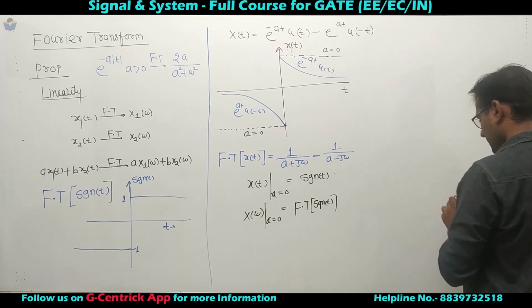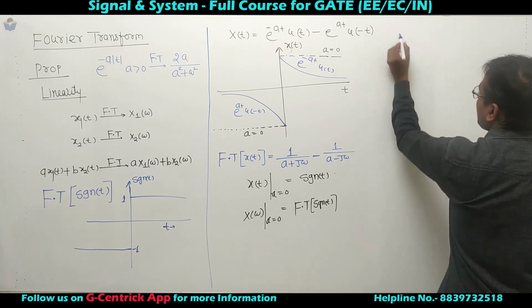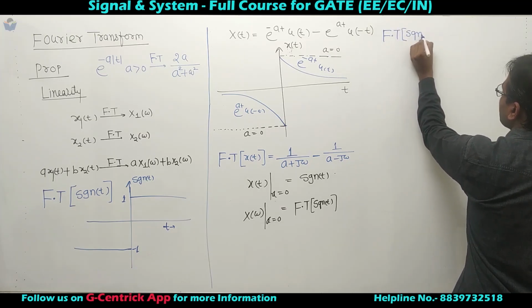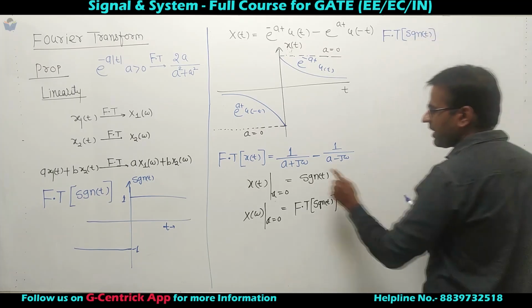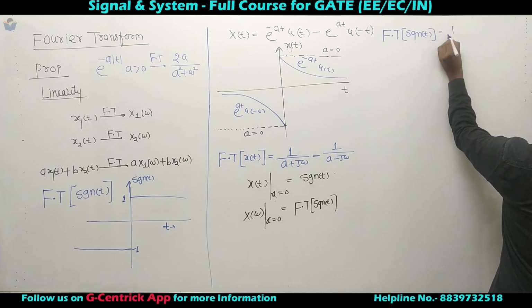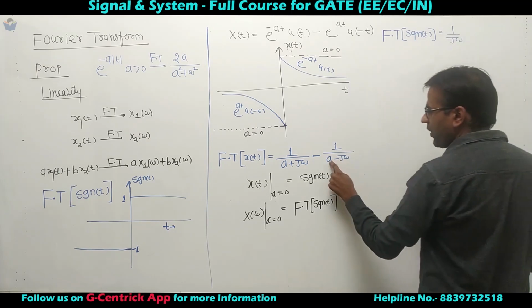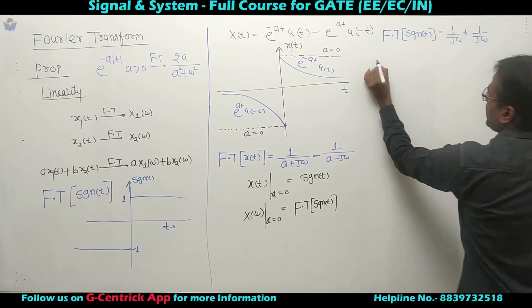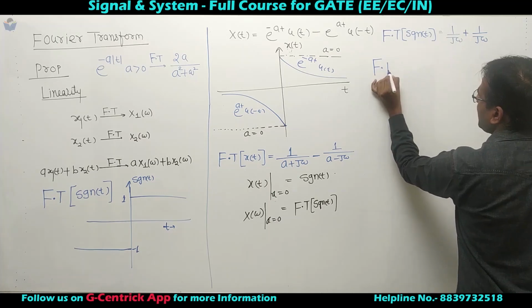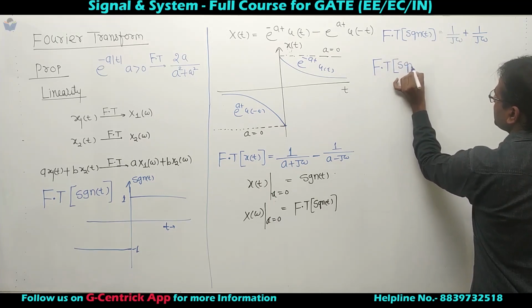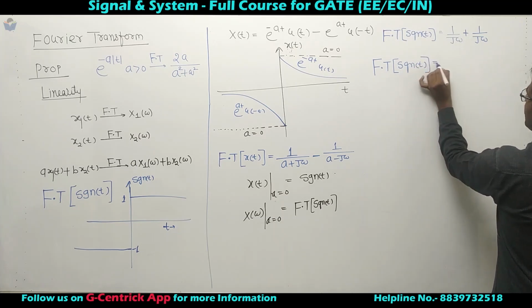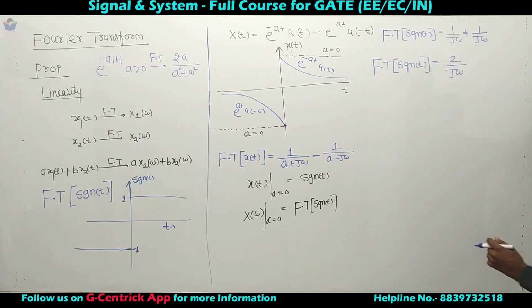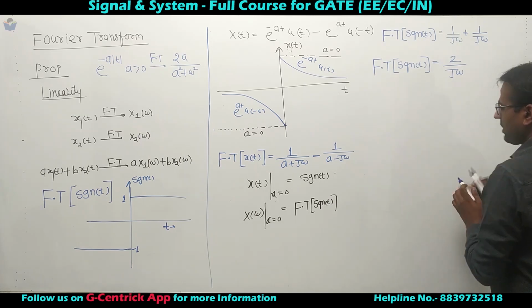If I select a equal to 0, the Fourier transform of signum t you can have by making a equal to 0. So this is 1 divided by j omega, and if a equal to 0, this is minus minus plus, this is 1 divided by j omega. So I can say the Fourier transform of signum t is 2 divided by j omega. Now what we can say, we can draw this, the magnitude spectrum.